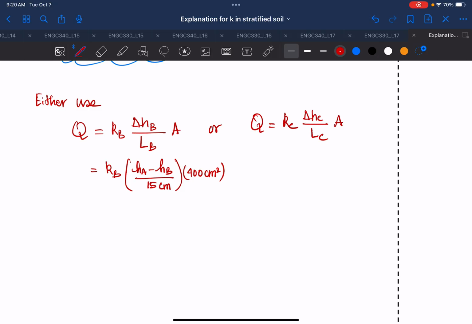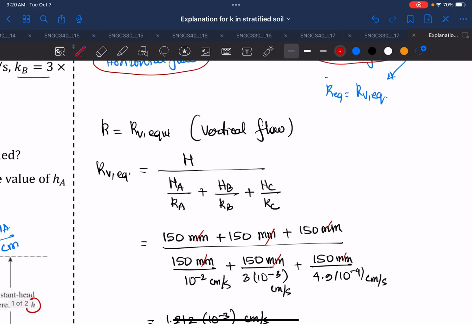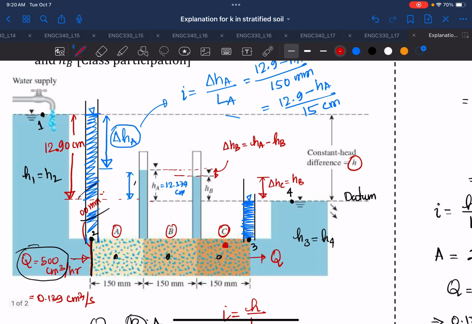And for Q equal to Kc, here for delta Hc, we already said that delta Hc is equal to HB itself, because this is the head loss for the water to flow through soil C. Through all this soil C, the head loss will be from here till here.